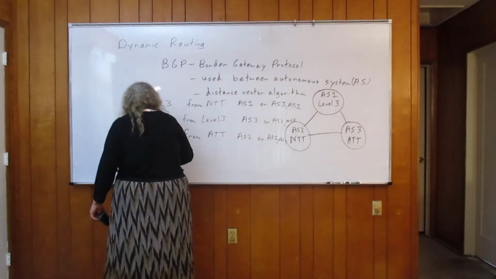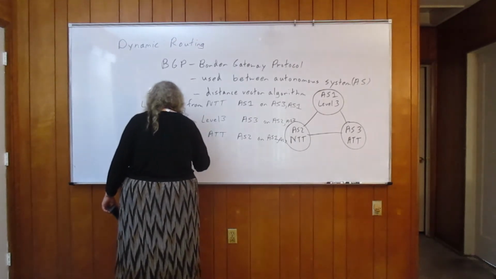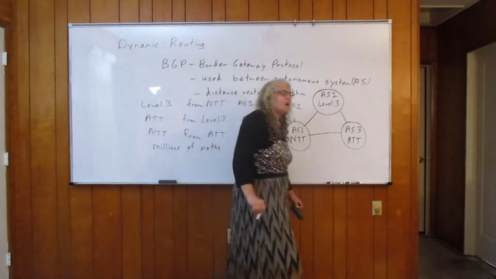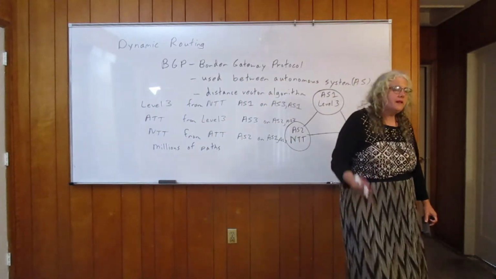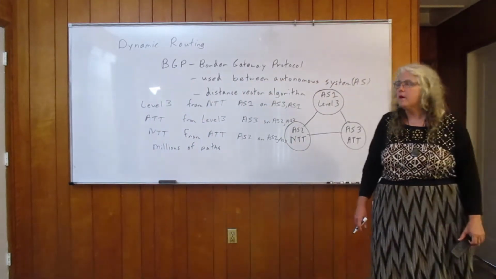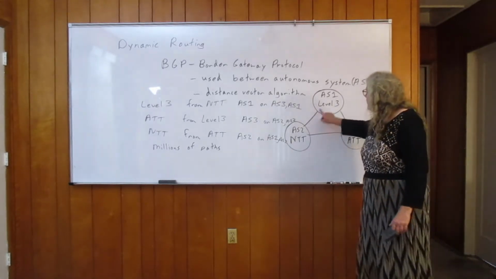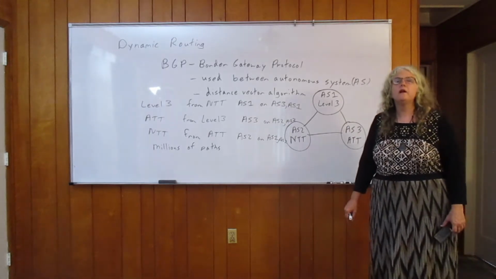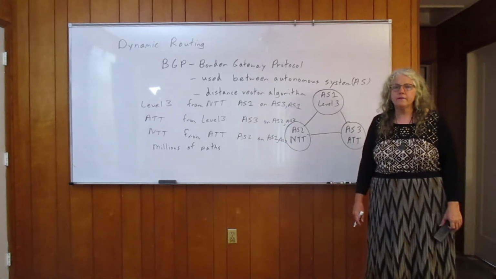Now there are millions of paths stored in these really big routers that implement the Border Gateway Protocol. These autonomous systems are maintained by the large telecommunication or internet service providers.